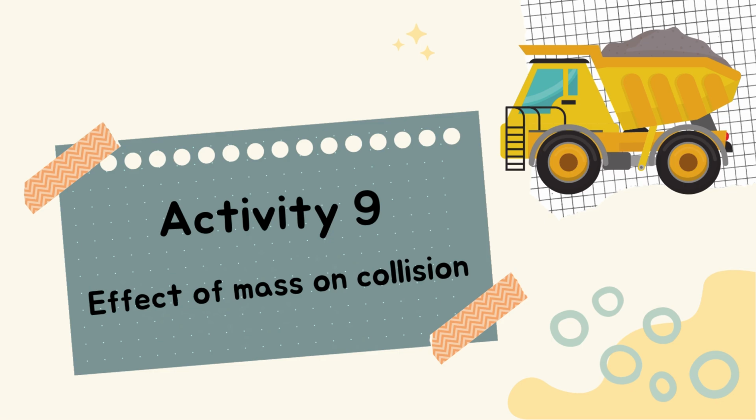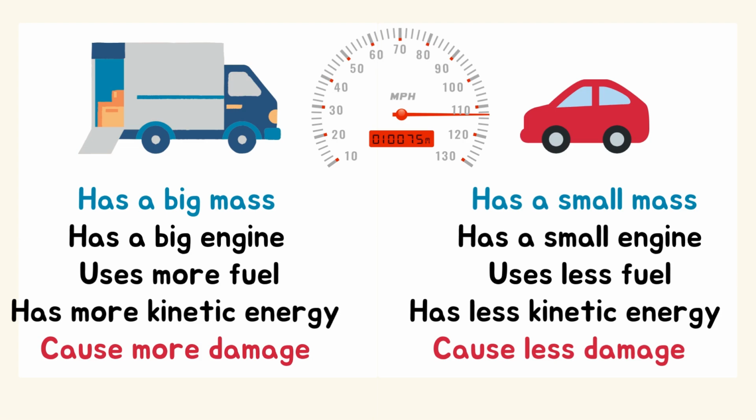Here we have activity 9, effect of mass on collision. If we have a truck and a car, and both of them are moving with the same speed, we will see that there is a difference between them, as the truck has a big mass and also a big engine that gives the energy to the truck to move.